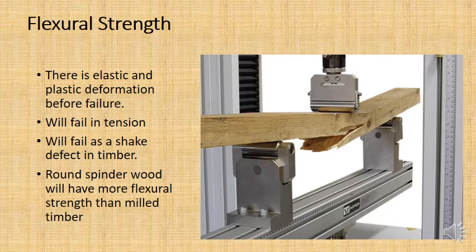Now, flexural loading, this is very important, isn't it? Because if you have a beam for a floor or a roof, the loading is going to be flexural rather than tensile or compression.